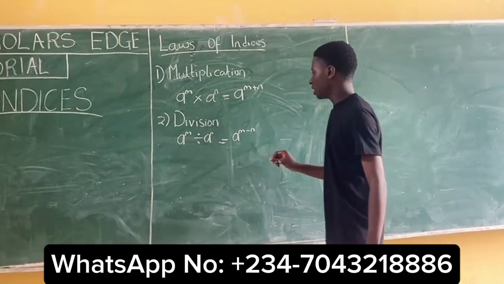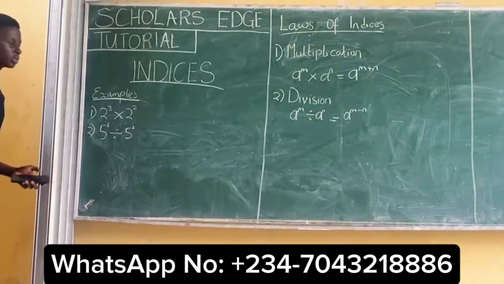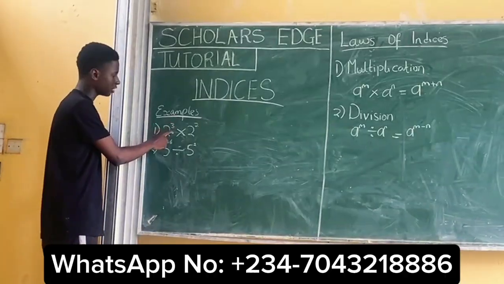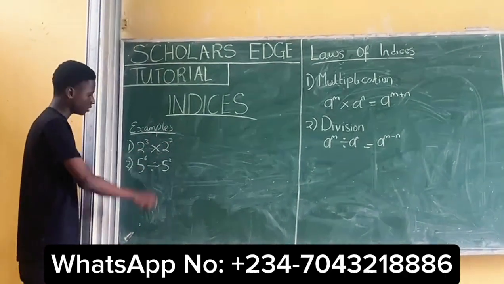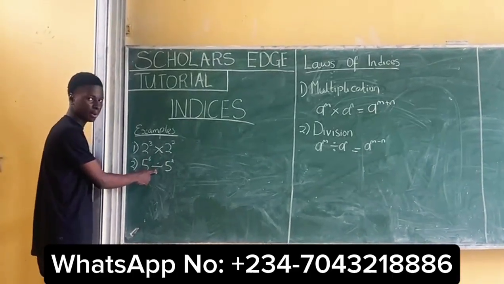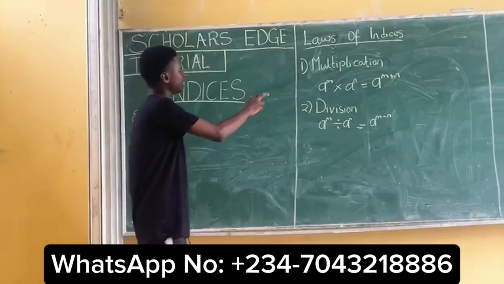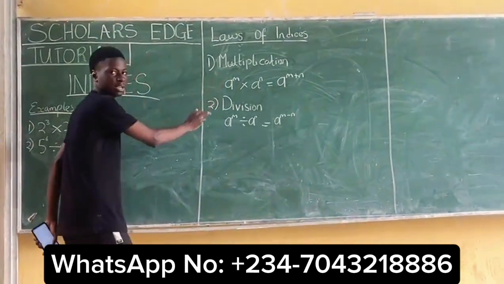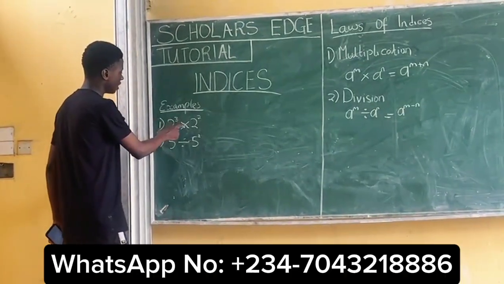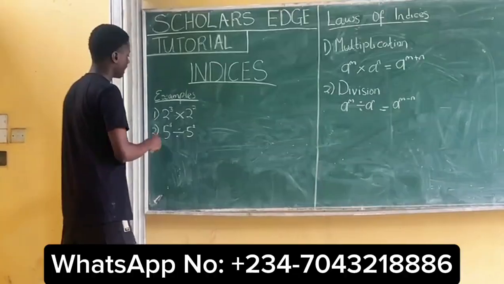It's that simple. Now let's take some examples under these two before we proceed. Example 1 says 2 to the power of 3 times 2 to the power of 2. And example 2 says 5 to the power of 6 divided by 5 to the power of 2. How do we solve this? Implementing the multiplication law, 2 to the power of 3 multiplies 2 to the power of 2, meaning that they have the same base.